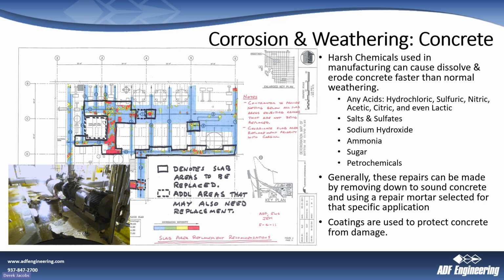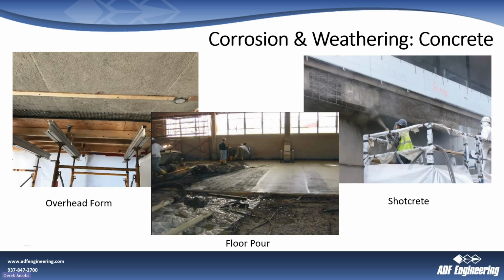A lot of times these are prevented with a type of coating, but if not, different types of repair mortars can be used, which is a thicker, hardier concrete-type material. And again, just like the epoxy, any vendor you talk to will be able to provide different types of mortars based on the application.